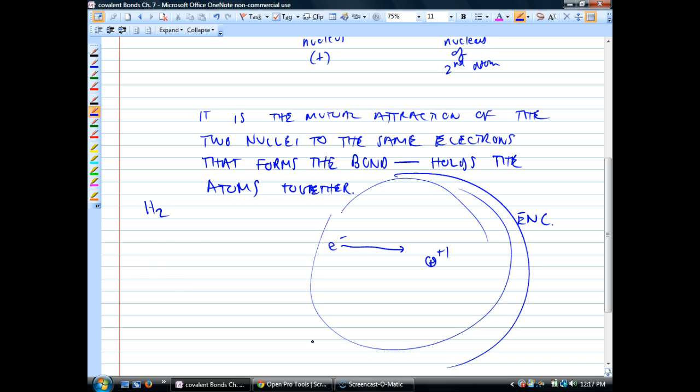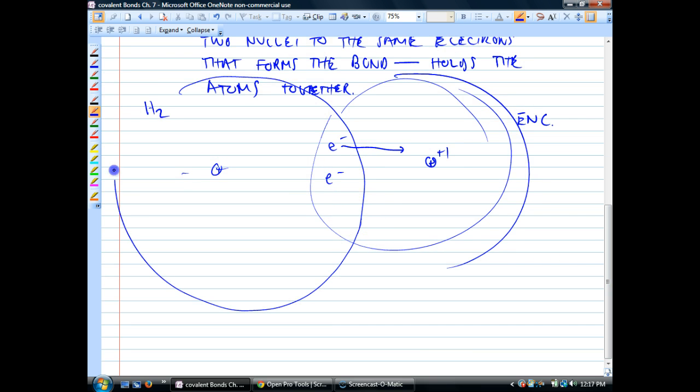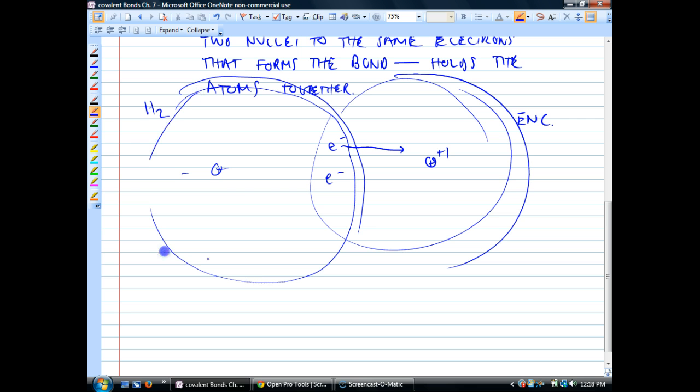Now, if another atom comes along with its electron, here's what can happen. This new hydrogen atom that's coming along here can kind of merge its outer shell. This is at least one way we could look at it. It can merge its shell, its 1s, with the other atom, like this.